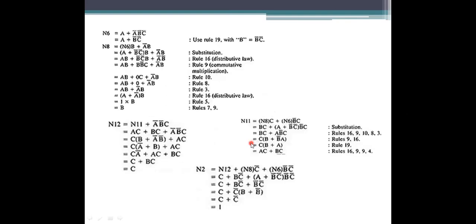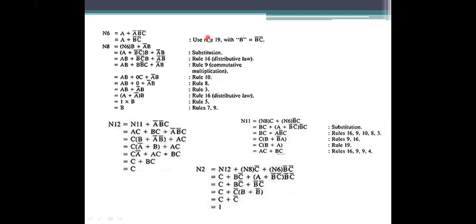See this one. The first representation here is A plus A bar plus B bar plus C bar. So see here, what is rule 19? It specifies that you need to consider B as, A plus A bar is there, and whatever remains after that A bar has to be considered as a B here. This representation is using B bar and C bar.